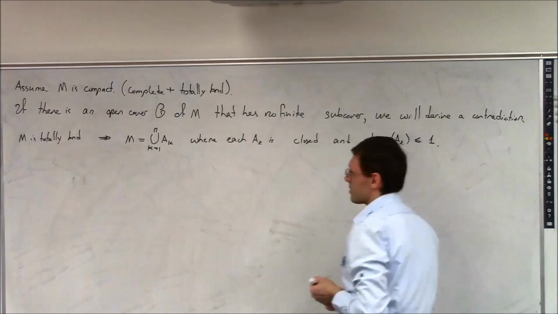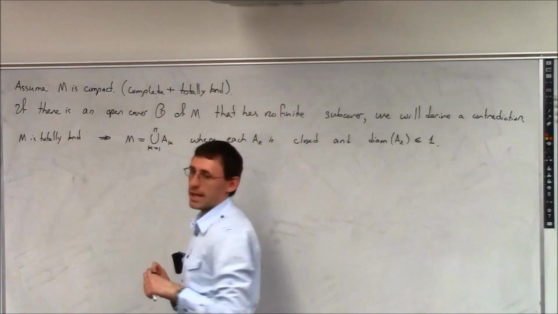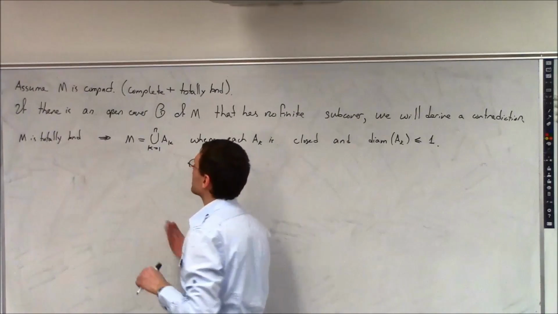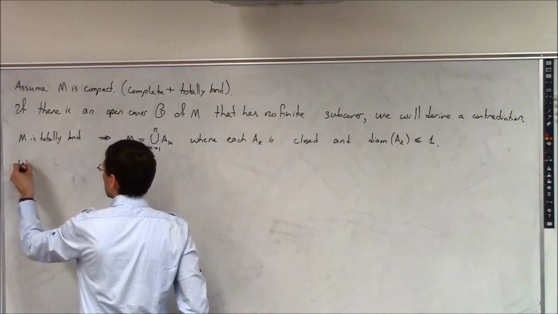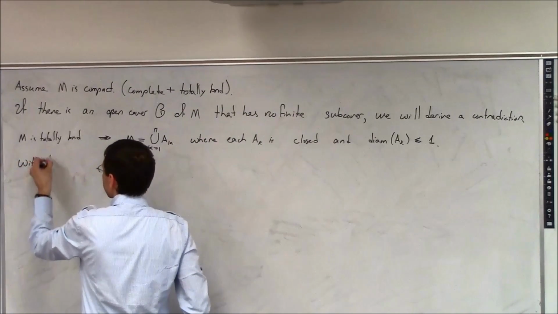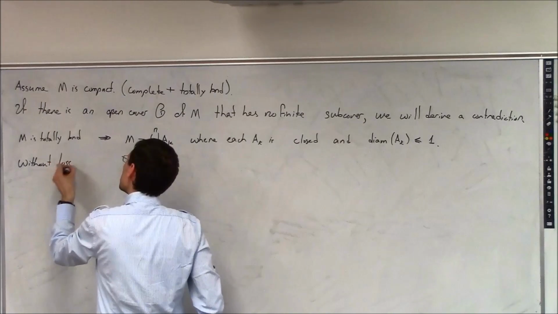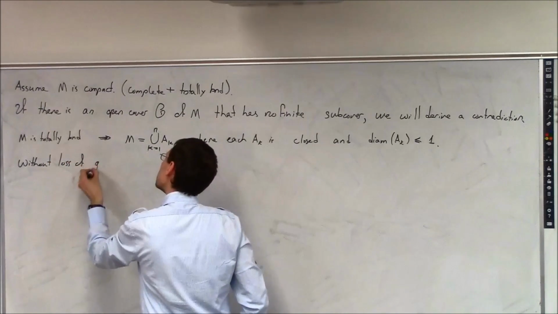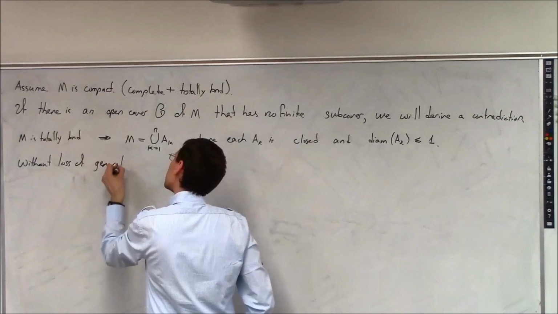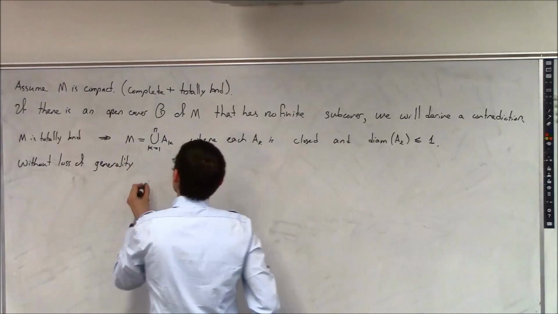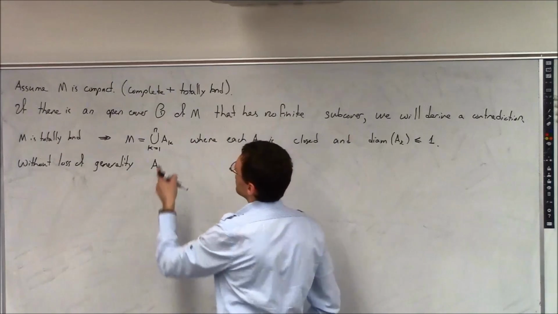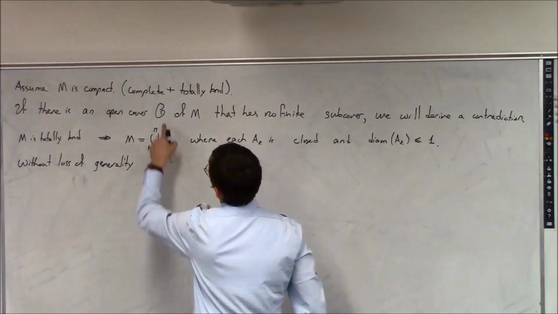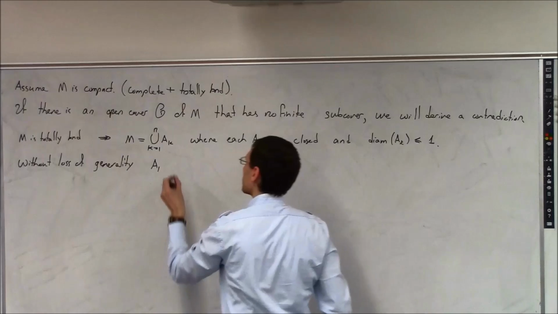All right, so then without loss of generality, A_1 is totally bounded, and it has to be, so without loss of generality, A_1 cannot be covered by finitely many subsets in G.